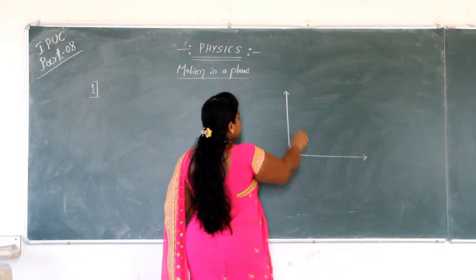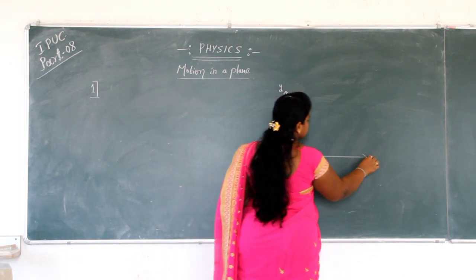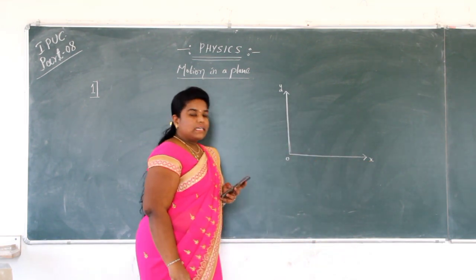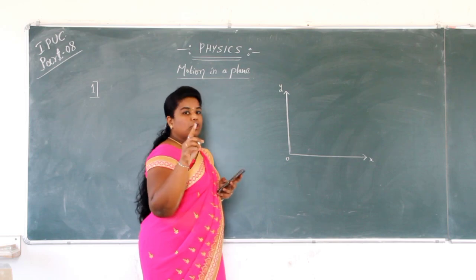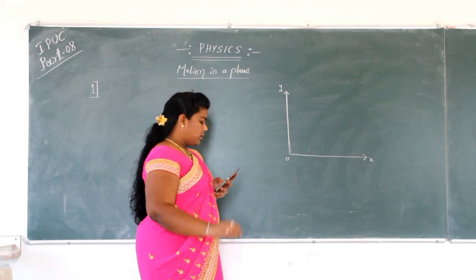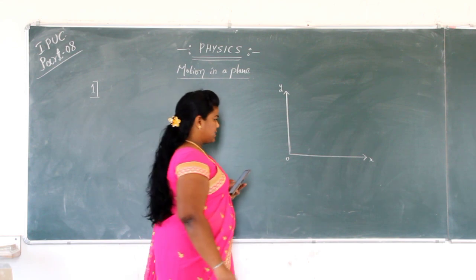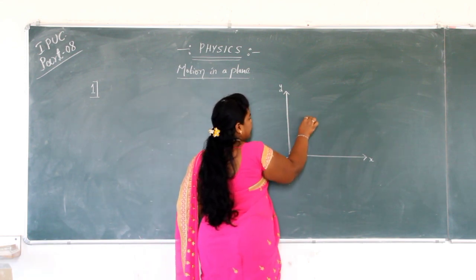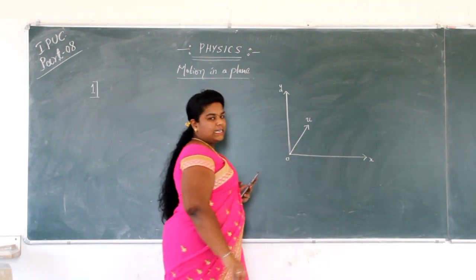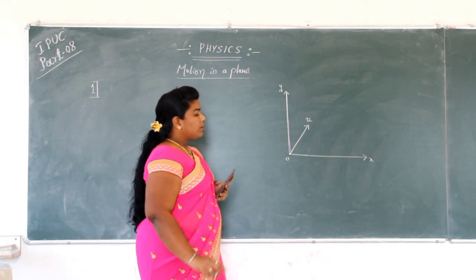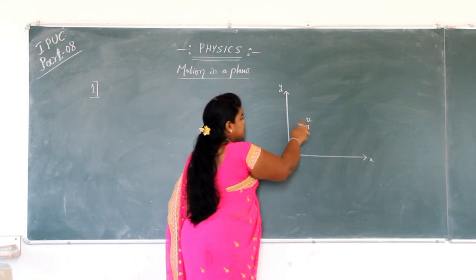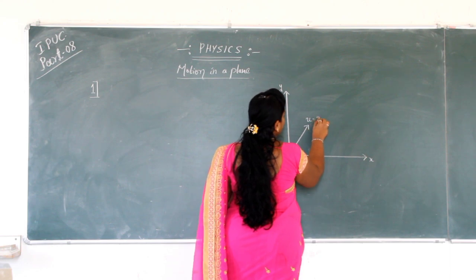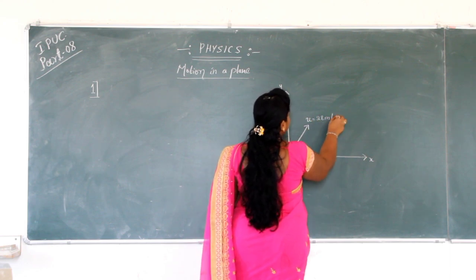Here I have the y-axis, this is the x-axis, and this is the origin. They said the cricket ball is thrown at a speed of 28 meters per second. From the origin, the cricket ball is thrown with a velocity. What is that velocity? That velocity is called the initial velocity, so u is equal to 28 meters per second.